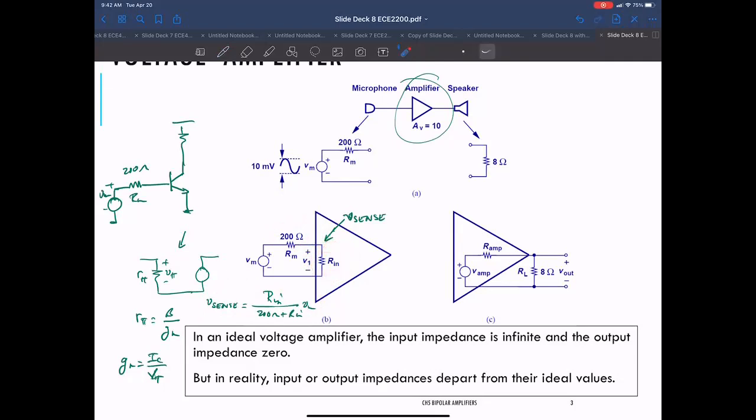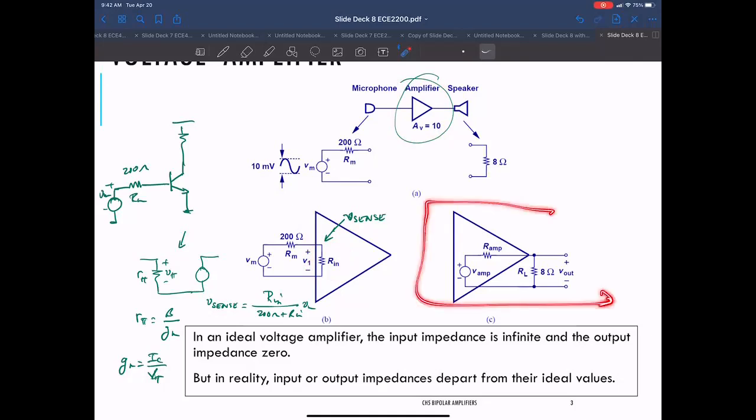So even before you get started, you've lost half your gain. You end up building this amplifier with twice as much gain as you'd hoped for, just because your input resistance is too low. And this is something you have to account for, or somehow deal with.